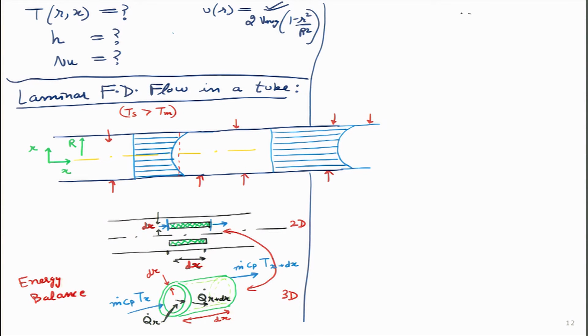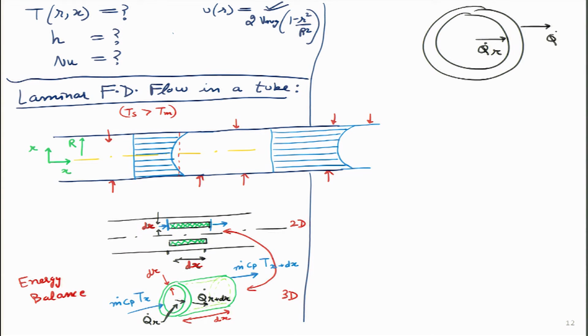In other words, if I draw the circle over here slightly big, so this is the front view of this particular cylinder. Here the q dot is r, and from here the q dot is r plus dr. Why? Because the radius is changing. At this point radius is r, and at this point radius is r plus dr.